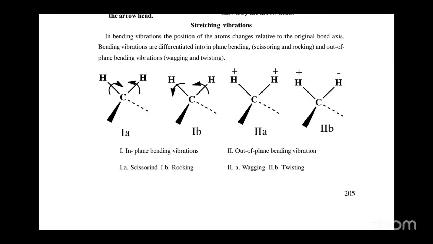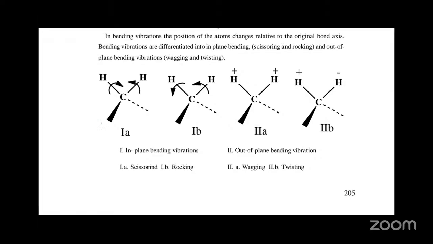Scissoring is where one hydrogen moves to the left side and the other hydrogen moves to the right side, so it looks like scissors.